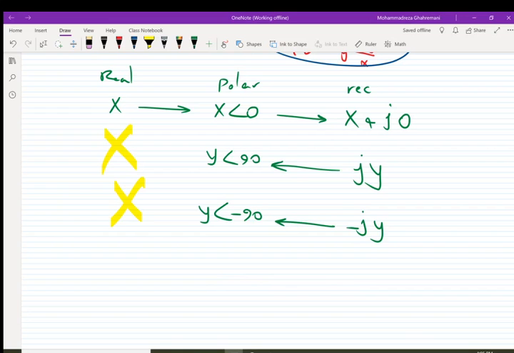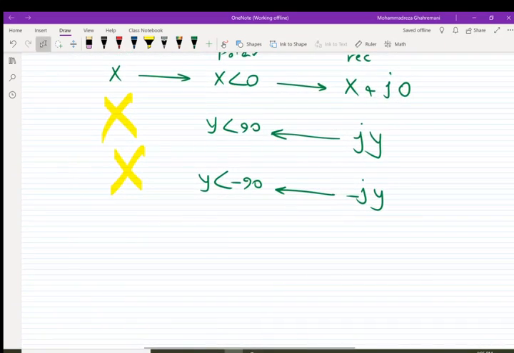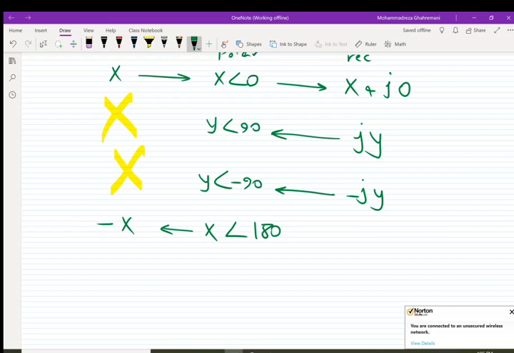And of course, we have one more shortcut: x with the angle of 180 is in fact negative x. It is a real number with a value of negative x.